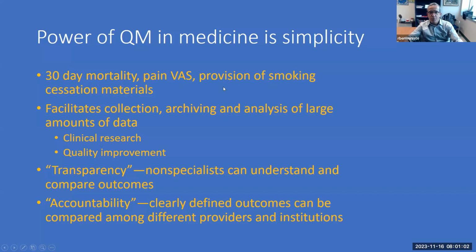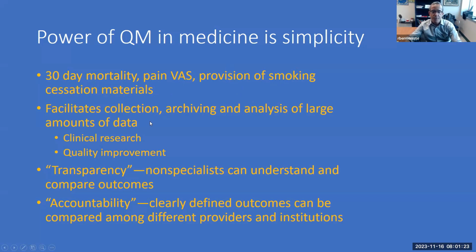My favorite is the provision of smoking cessation materials, this very important metric that helps govern how much we're paid. It's whether or not we gave a photocopy or printout to a patient in clinic saying smoking is bad for you, and here's a 1-800 number to call if you want more printed information.